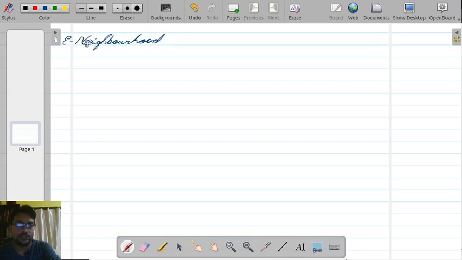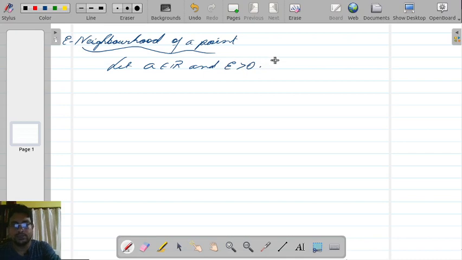Okay, so before starting, let us just have a look at epsilon neighborhood of a point. Let a belong to R and epsilon greater than 0. Epsilon is a real number which is greater than 0.